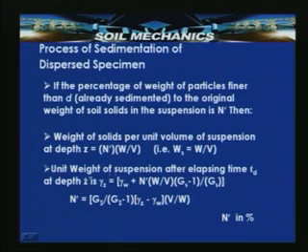So, from this rearranging the terms, we get the percentage finer n dash as Gs by Gs minus 1 into gamma z minus gamma W into V by W. So, n dash is expressed in percentage. So, once by knowing the gamma z minus gamma W, we will be able to determine the n dash, that is the percentage finer.